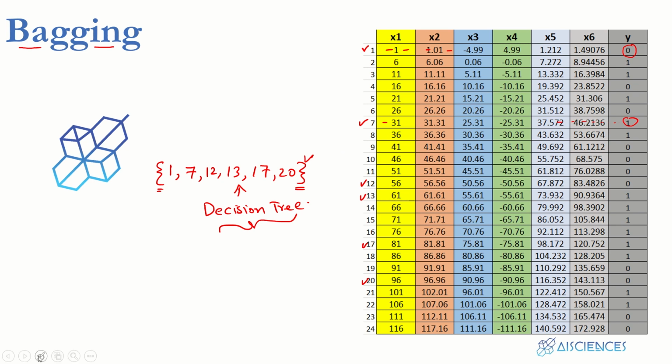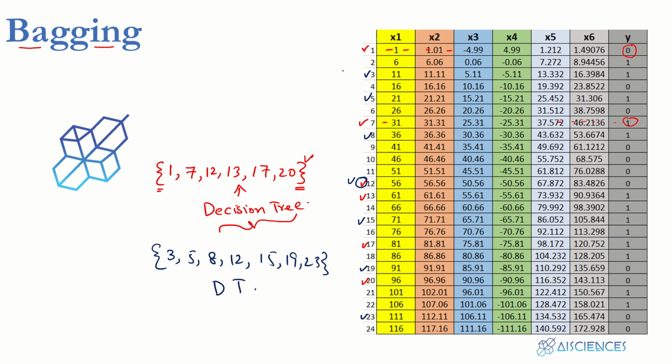Then we can pick another sample of the data. For example, a random sample 3, 5, 8, and maybe this 12 is selected again, 15, and let's say 19 and 23. So that's a second sample of the data, which includes 3, 5, 8, 12, 15, 19, and 23. And we train a decision tree on this as well.